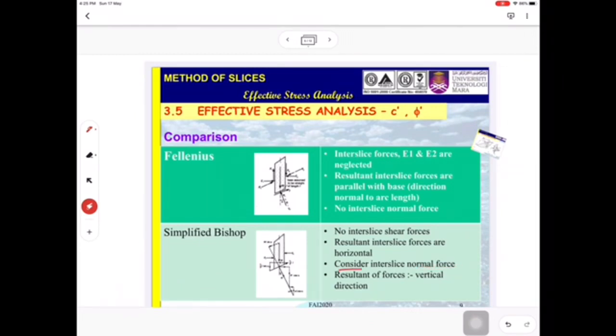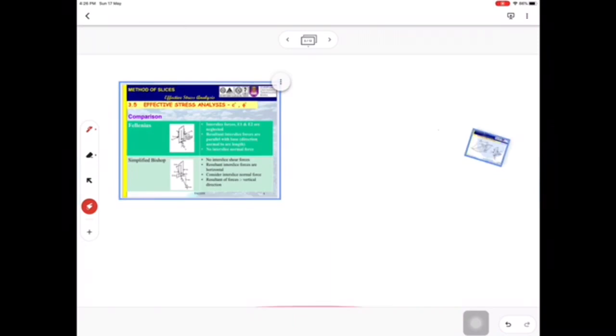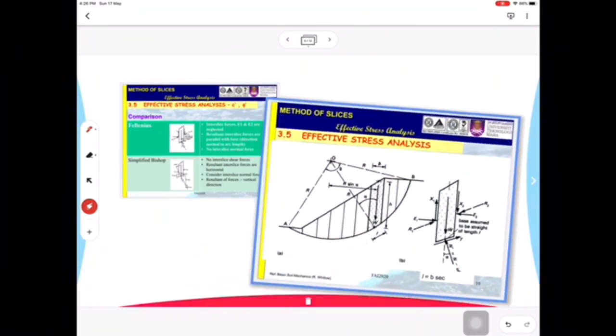For Bishop it considers interslice normal force, but for Fellenius there is no interslice normal force. It is not considered.